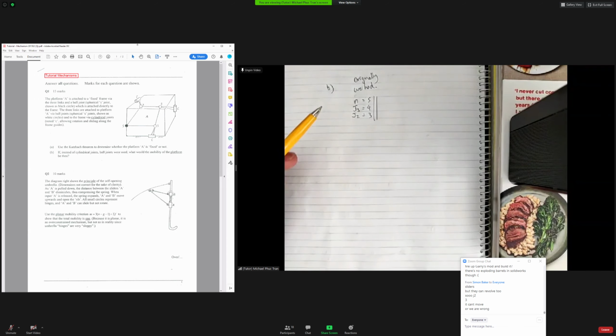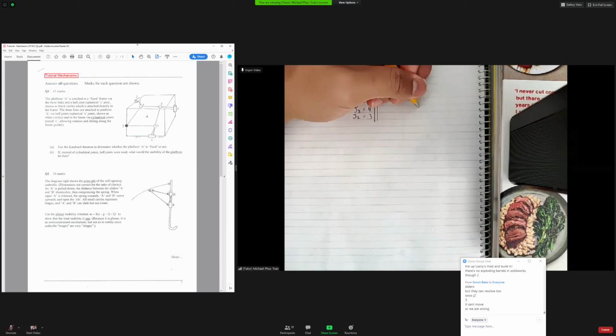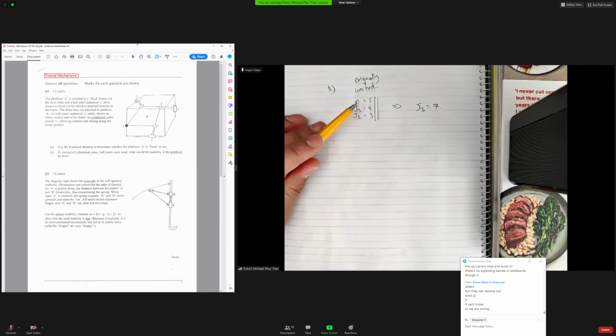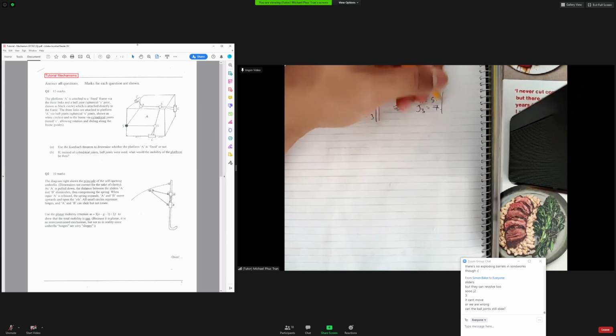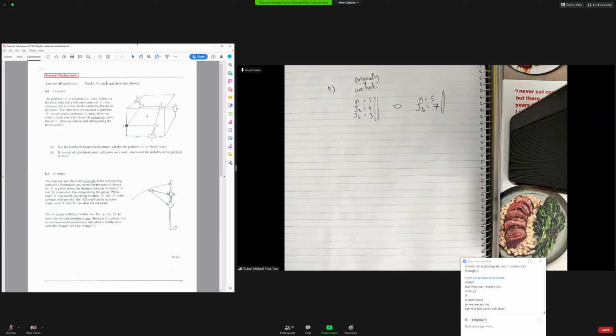So they said if cylindrical joints were changed into ball joints, we'd have J3 equals 7, because we're just converting these to 3-DOF joints, and N would be the same. What would the Kutzbach theorem tell us?